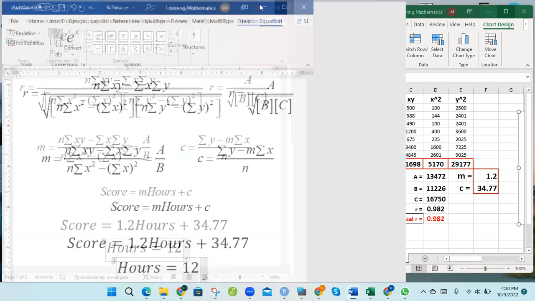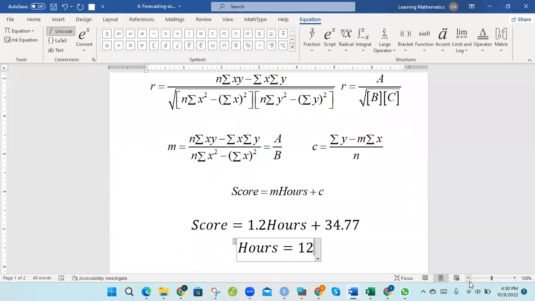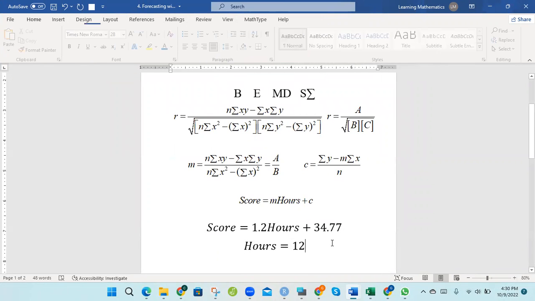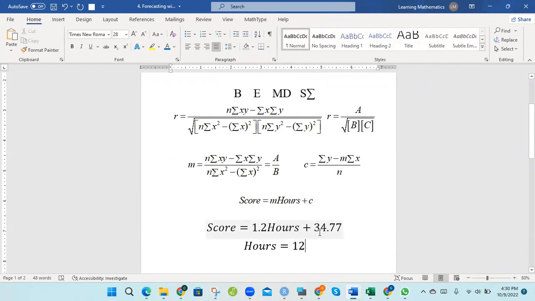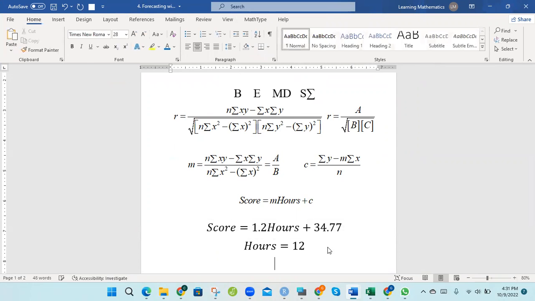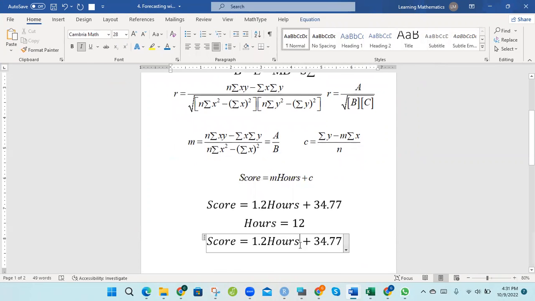Then remember, if you study for 1 hour, your score will increase by 1.2. So if you study for 12 hours, you just substitute 12 into the linear model in the place of hours. And then you calculate.